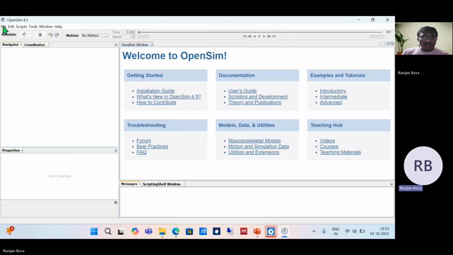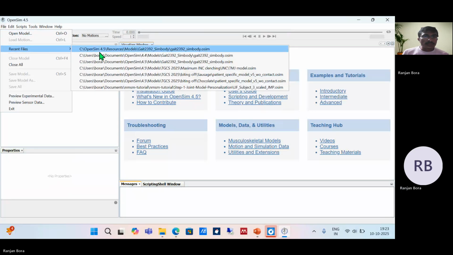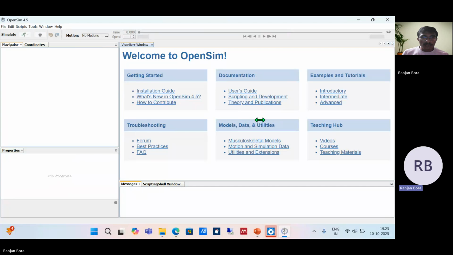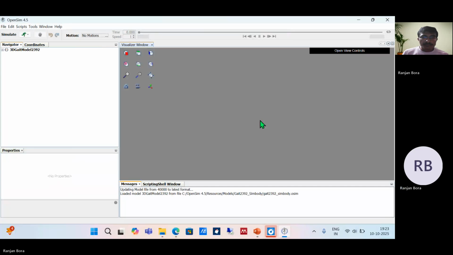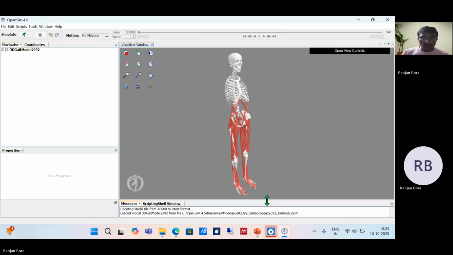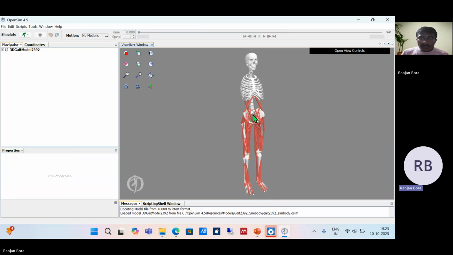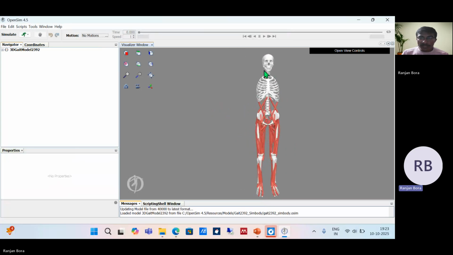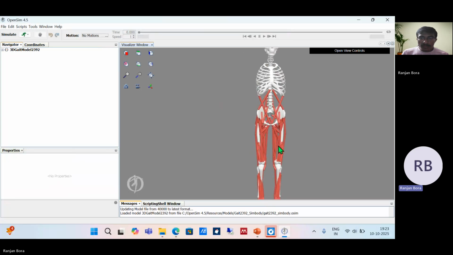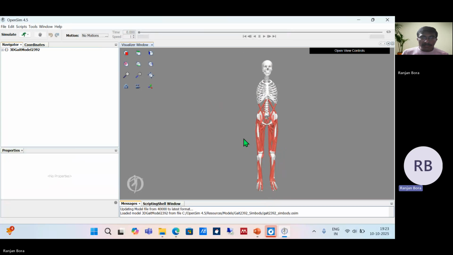Here, first I will import one musculoskeletal model, which is the full body musculoskeletal model. As you can see, this musculoskeletal model consists of rigid bodies, which are the bones. Then there are joints: knee joint, hip joint, ankle joint, all the joints, and the actuators, which are the muscles.